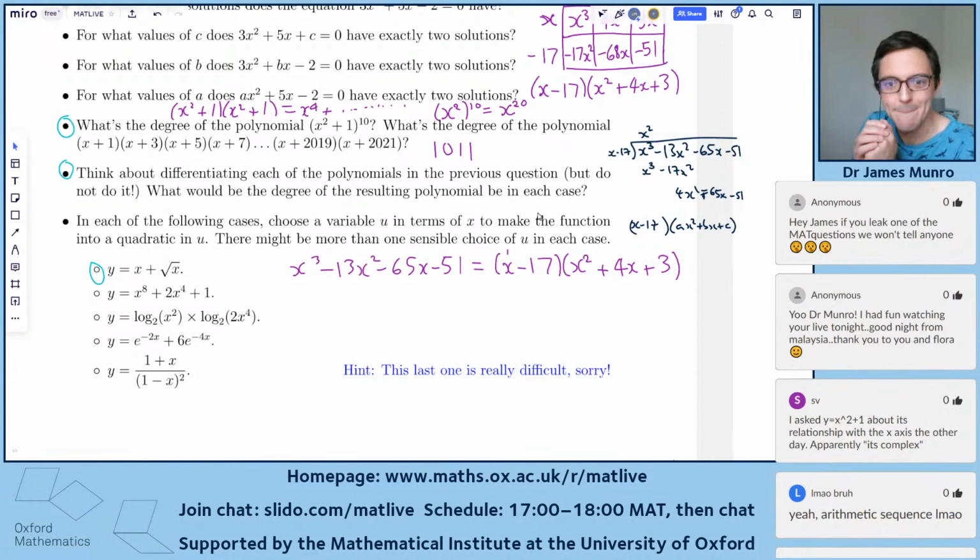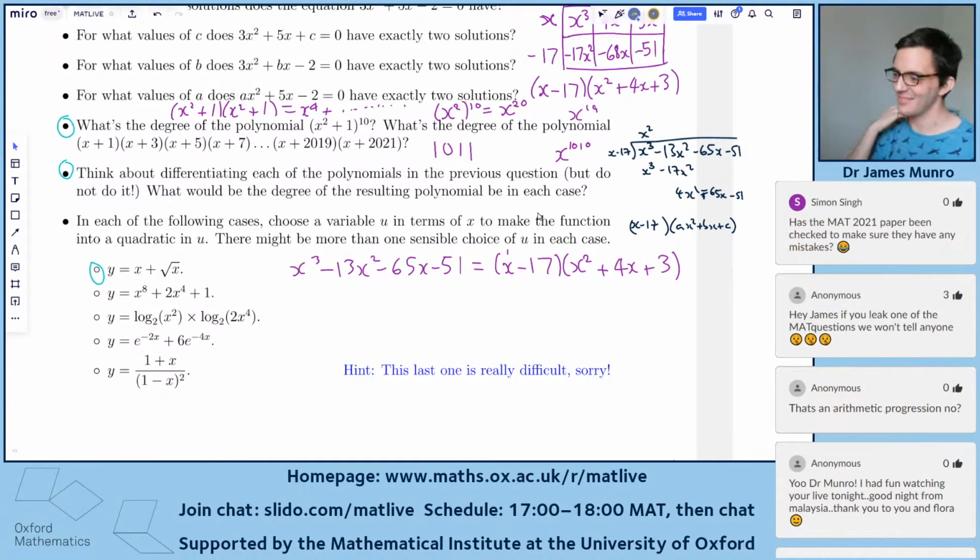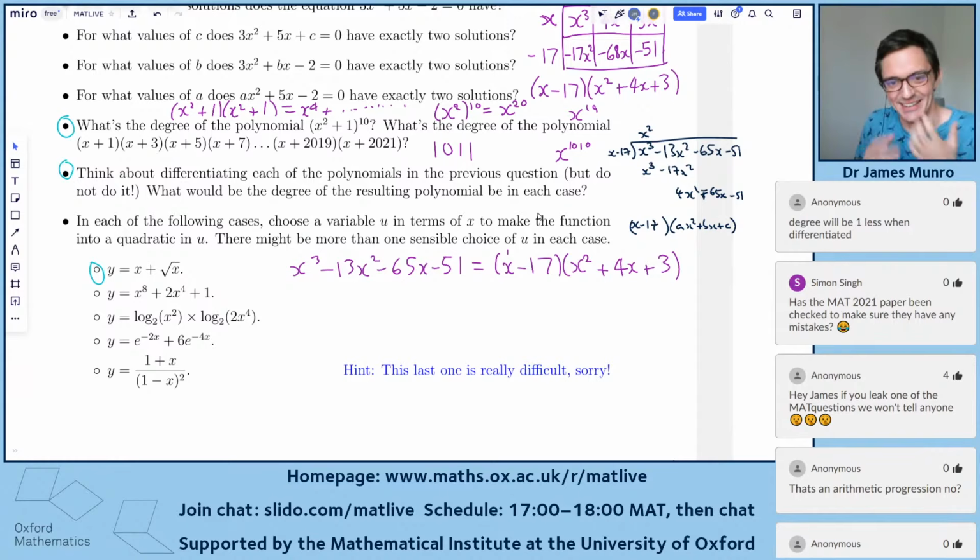And if the power of every single term goes down by 1, then the power of the highest term goes down by 1. So what you will have is x to the 19 and x to the 1010. Yeah, nice. I really like that we get that information without actually doing the differentiation.